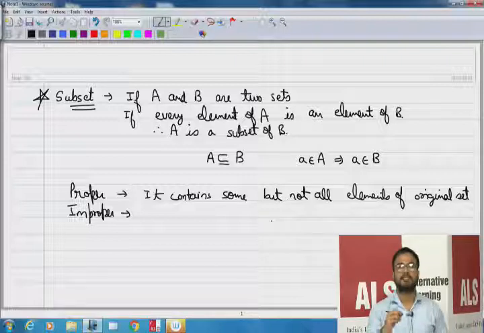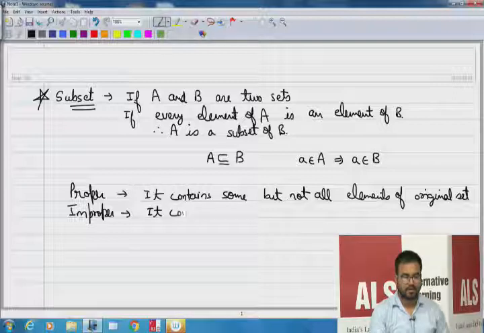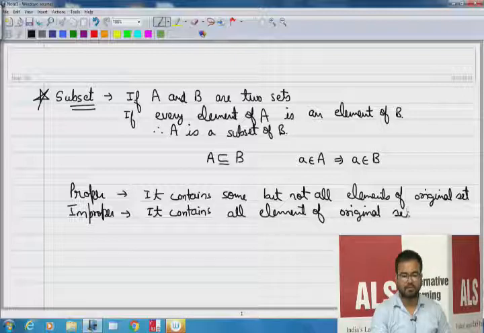That type of subset is called a proper subset. The opposite of that, an improper subset, is a subset which contains all elements of the original set. So these are the two types of subset.